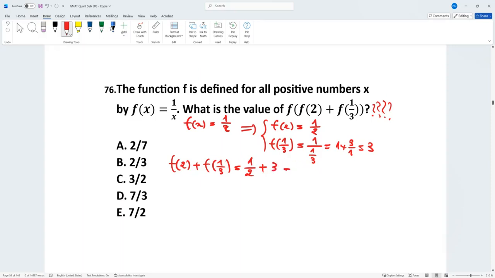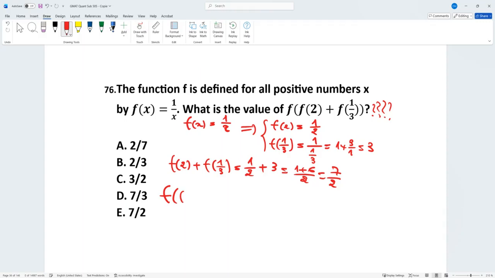So this is equal to 1 plus 6 over 2, which is equal to 7 over 2. Now we can find the value we want.